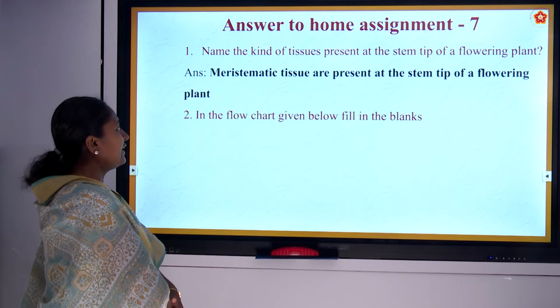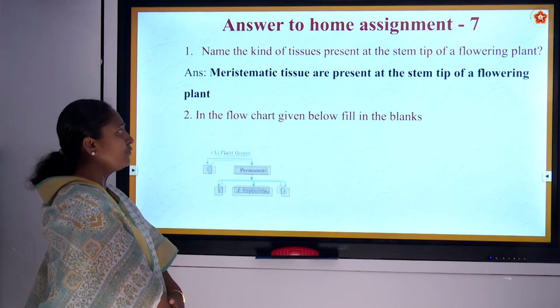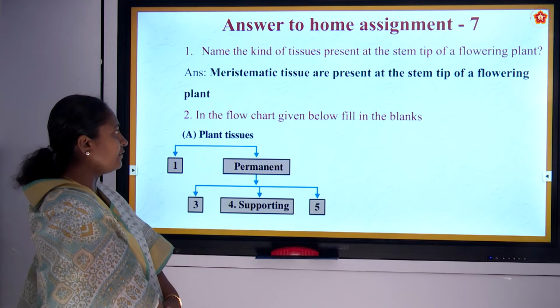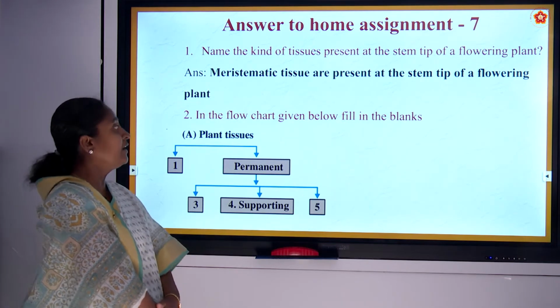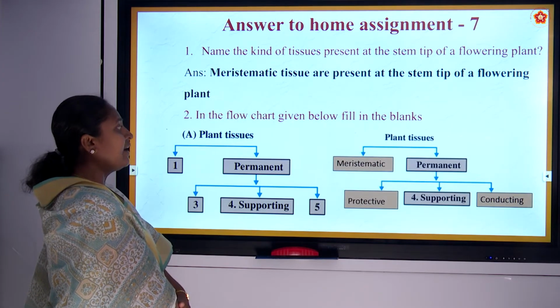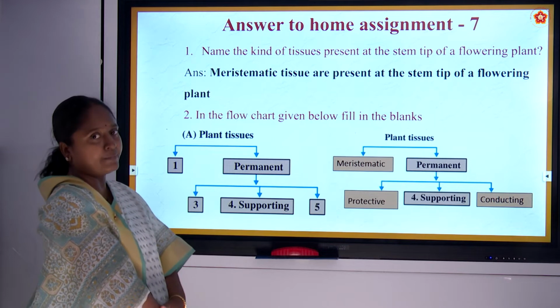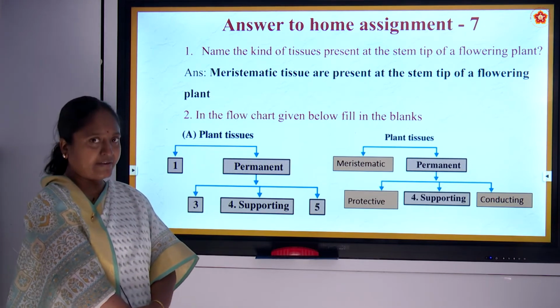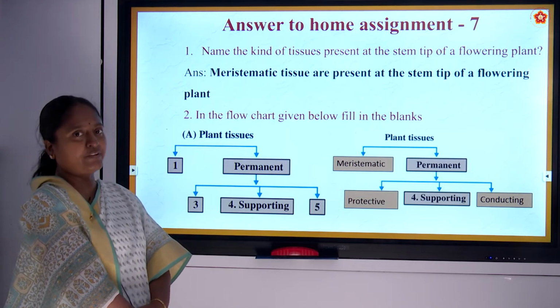The second question, in the flow chart given below, fill in the blanks, right? We asked you to fill 1, 3 and 5. This question is taken from your textbook. The plant tissue has meristematic tissue and permanent tissue. The permanent tissue is again divided into 3 different types of tissues, right?